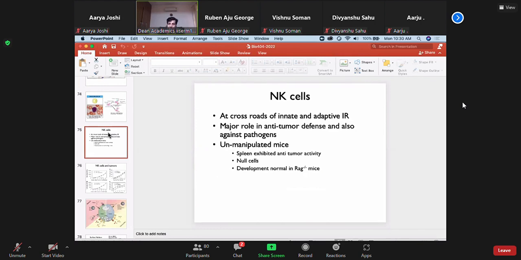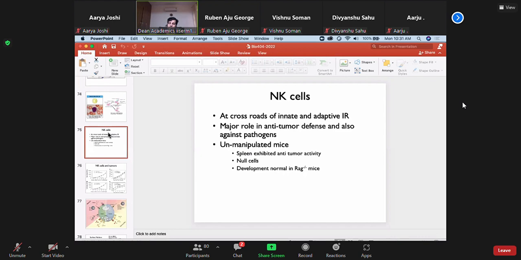Now, all these things are not done, so you have not really activated your immune cells in these animals, but still you are able to get some tumor activity. And this was independent of this mechanism that you normally require for generation, activation and development of your T cells and B cells.